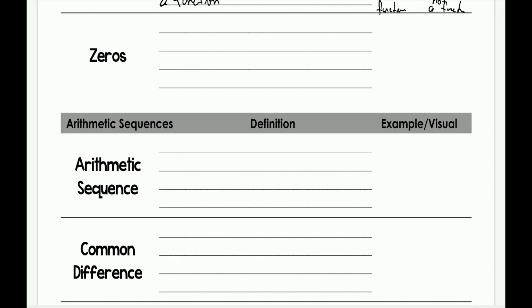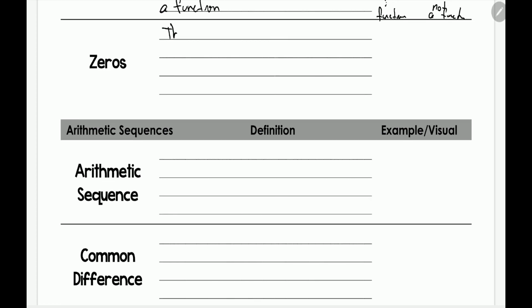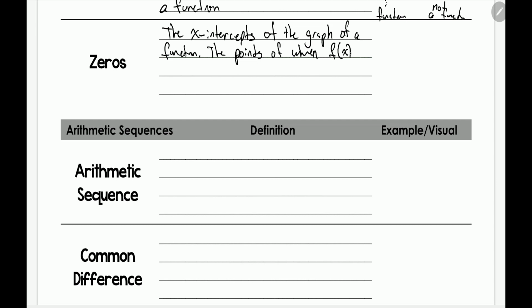Next definition would be zeros. The zeros are the x-intercepts of the graph of a function, the points at which f of x is equal to 0.